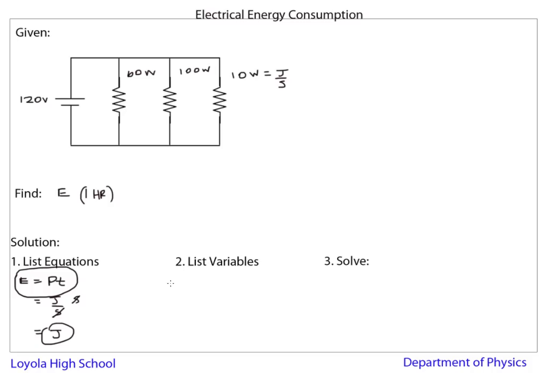So what I'm going to do here is find the energy for each device and add them up. So energy 1 for the first device, energy 2, energy 3. Power 1, which we know is 60 watts, power 2, which is 100 watts, or 100 joules per second.